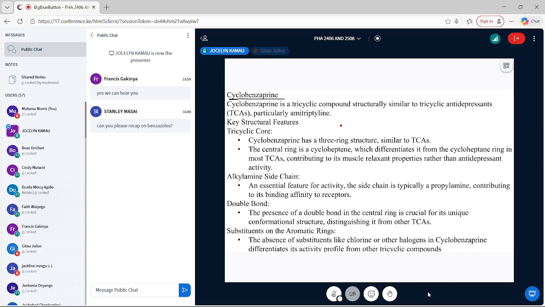Between the drugs, there's a very, very small structural difference. If you look at this carbon, so it's 1, 2, 3.